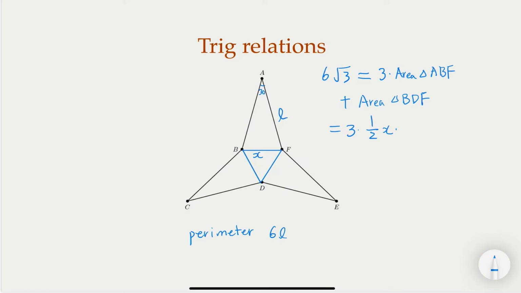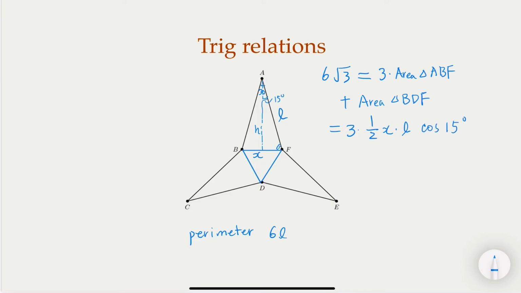The height here is going to be L sine 75 degrees, or the cosine of 15 degrees. So let's use cosine 15 degrees.